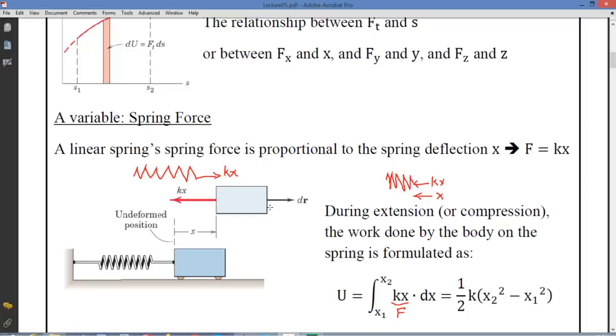However, the body moves to the right. So if we take the dot product of these two, we will end up with a negative sign because of the opposite directions of the force and the displacement. So as a result, the work done by the spring on the body during extension or compression is negative work.